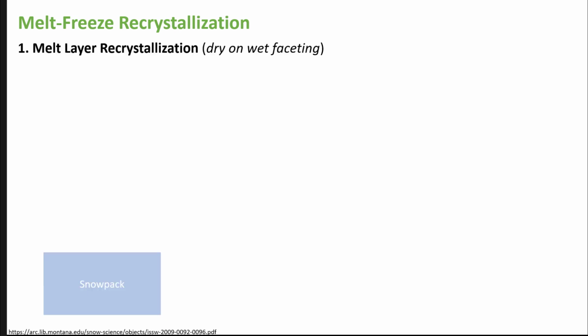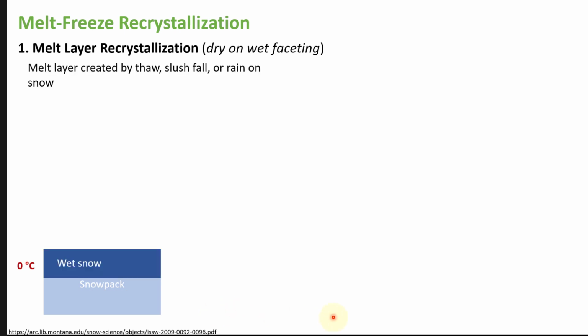First category we're going to talk about here is melt layer recrystallization, which often, I think by modern standards, goes by the term dry on wet faceting. In this case, what you have is a typical snowpack that's sub-zero, and then you have a distinct event where some thaw occurs because of a warm surface.